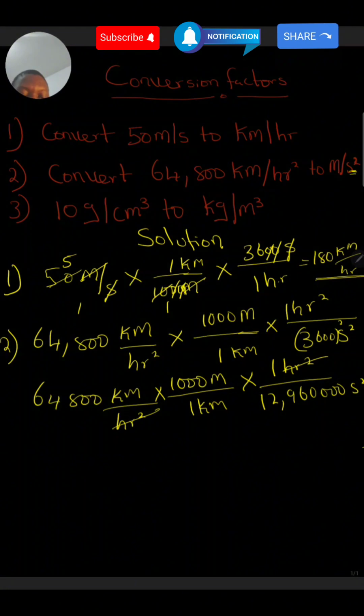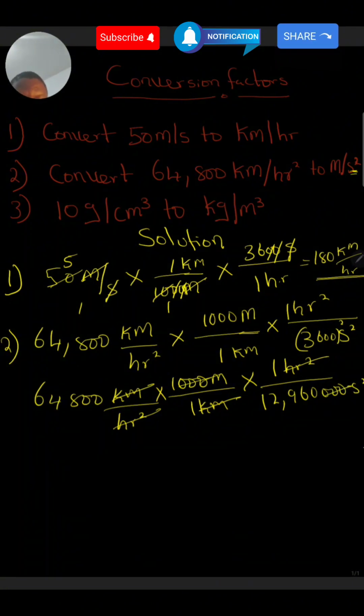What do we cancel again? Kilometer. We cancel kilometer. Then we can start reducing now. 0 cancels 0. In fact, we have 3 zeros here. We cancel the 3 zeros here and 3 zeros here, and we are left with 64800. What is the unit? You know, this one is still standing.